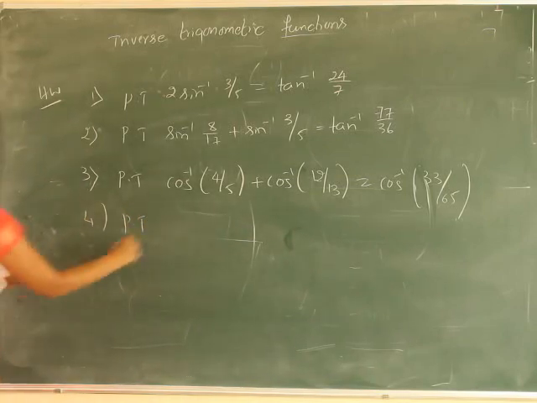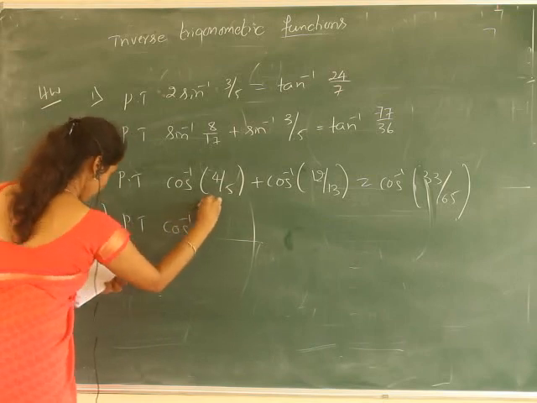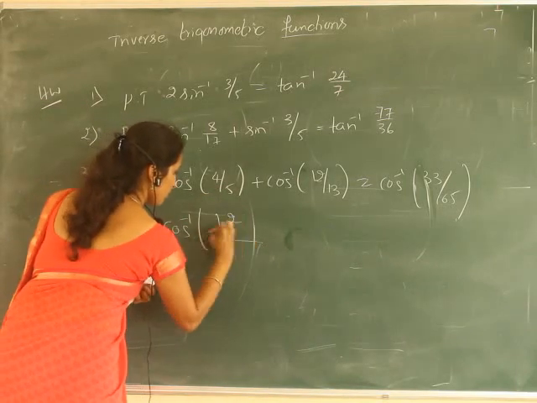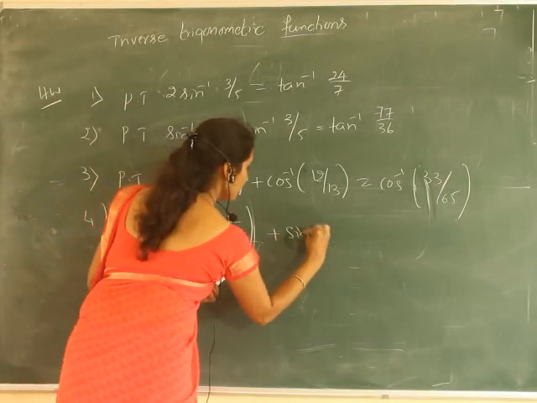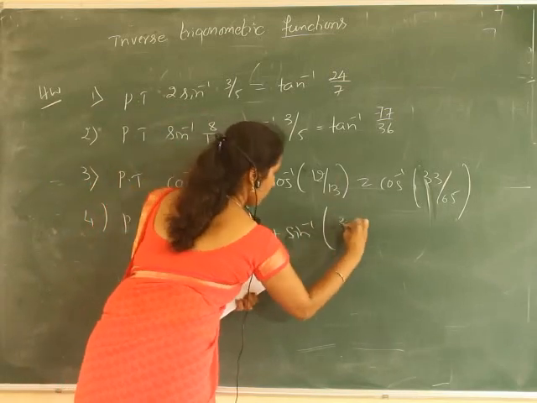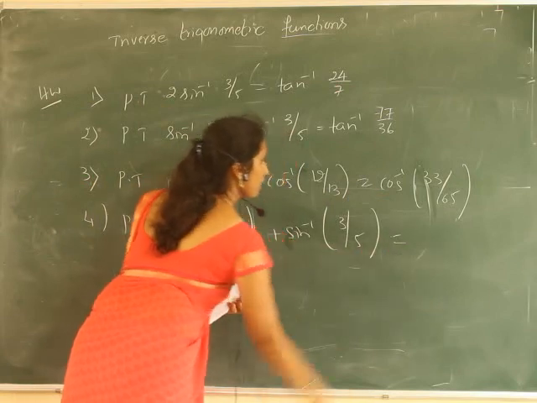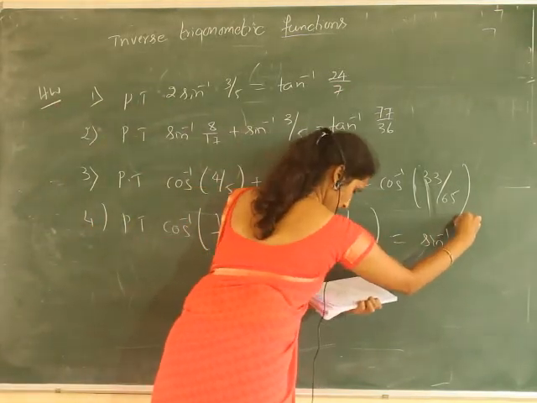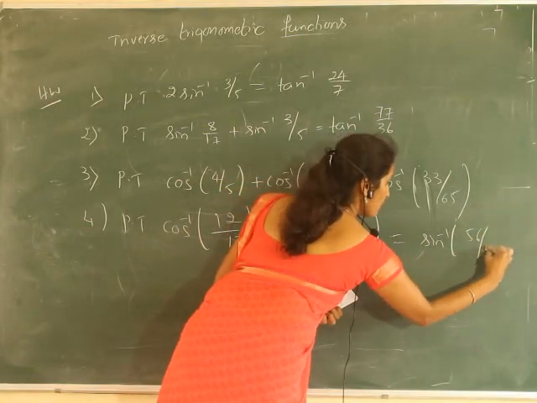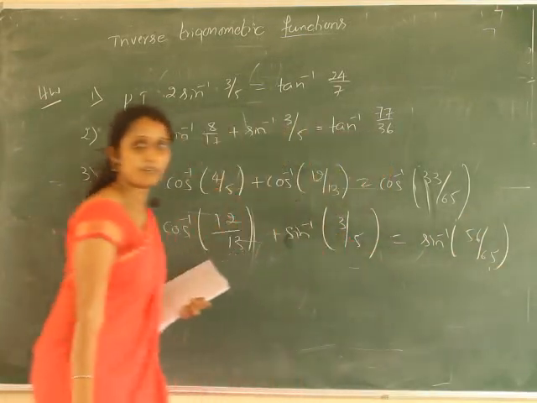Prove that cos inverse of 12 by 13 plus sine inverse of 3 by 5 is equal to sine inverse of 56 by 65.